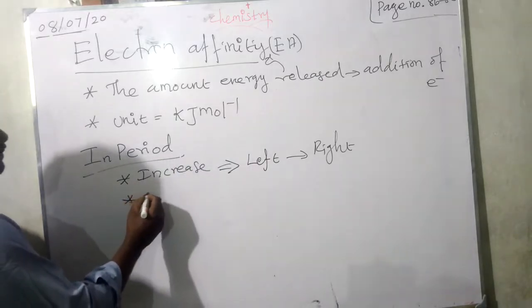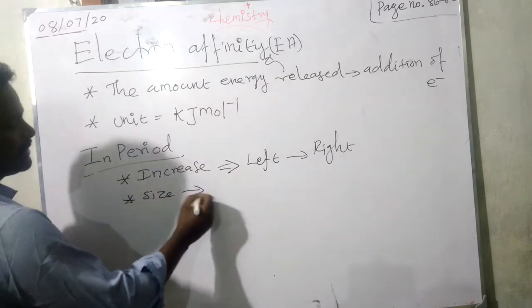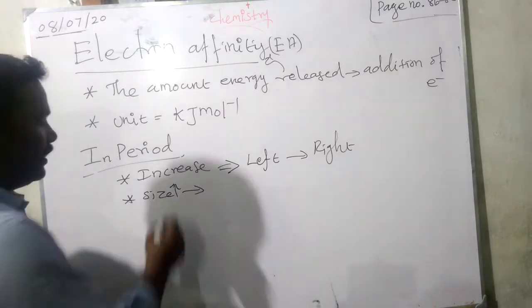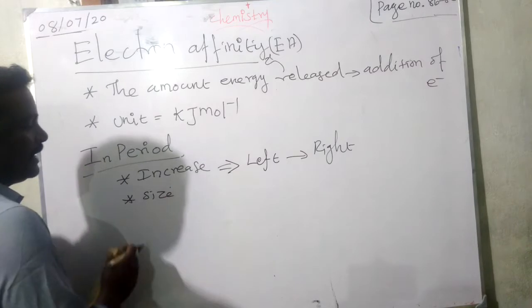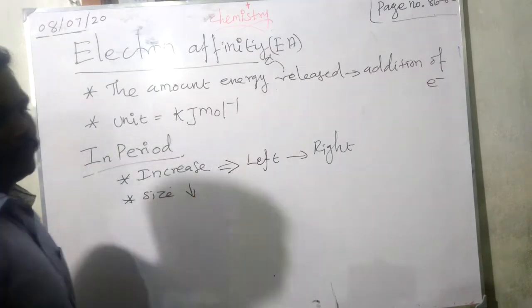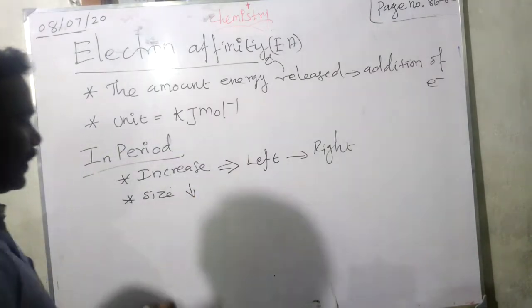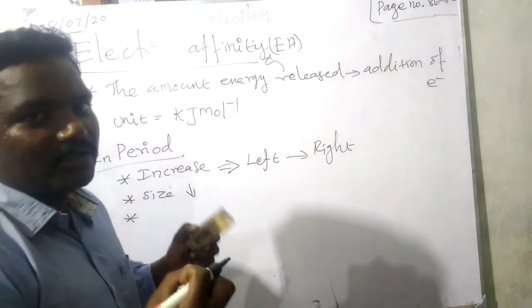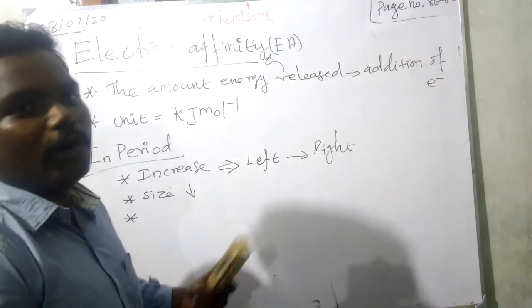First reason: the size decreases. If you go left to right, does the size decrease or increase, my dear students? It decreases. Then, as the size decreases, the nuclear charge effect increases.